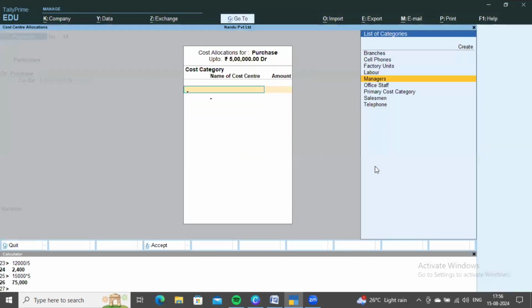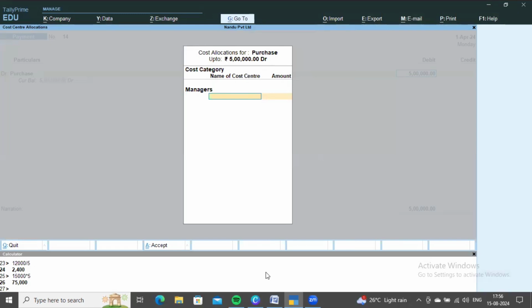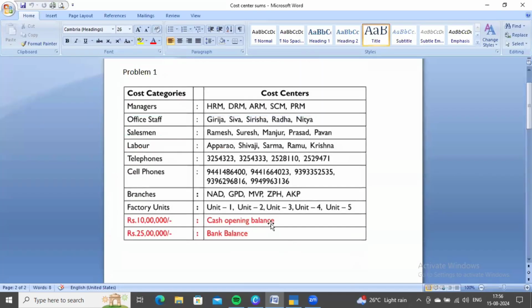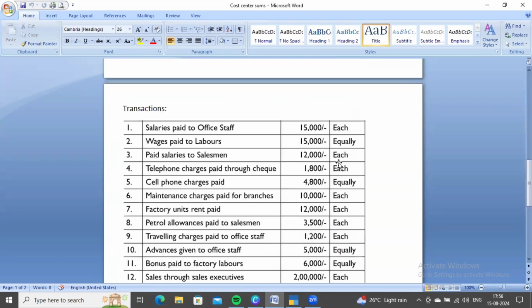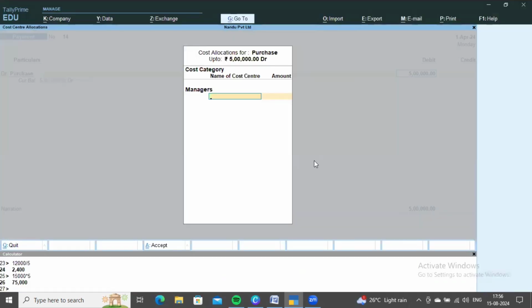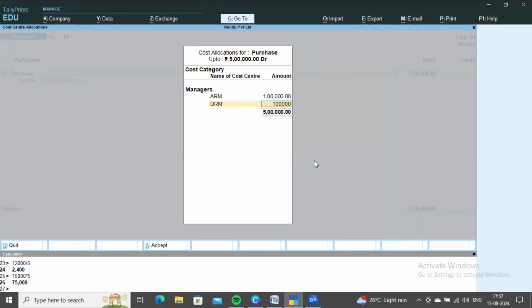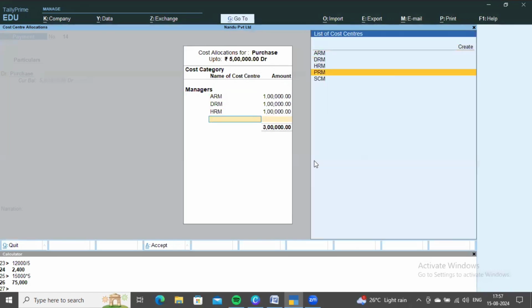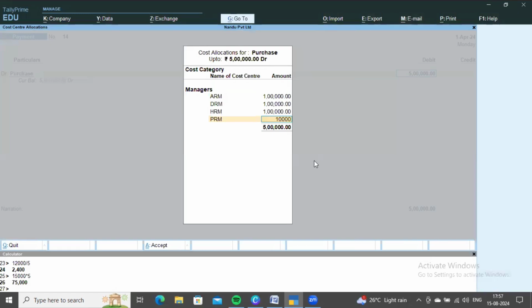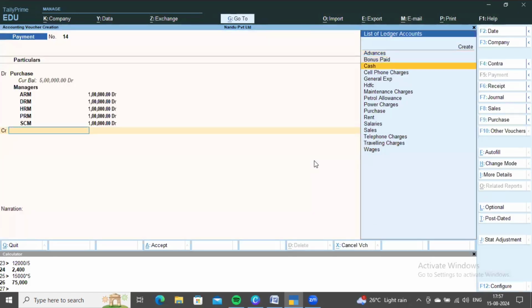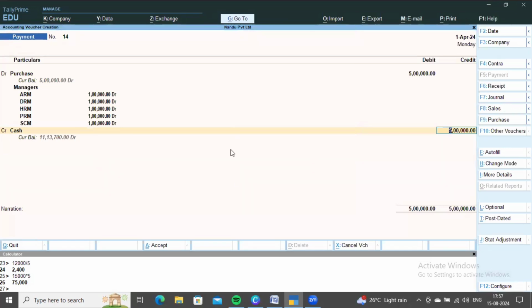How many cost centers are there under the managers category? 5 cost centers. So each has been assigned 1 lakh, right? And credit cash account as cash is going out.